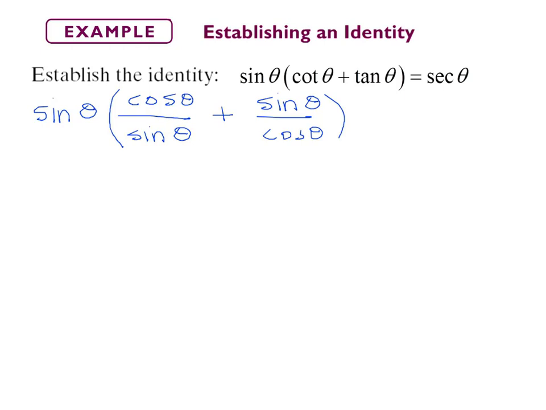Okay, good. Now, here's a couple of things that you should just look at and notice. I have something times something plus something on the left, and on the right I just have one function. So somehow I need to get that plus to disappear, don't I? To do that I need to make one fraction. And the only way to make one fraction is what?